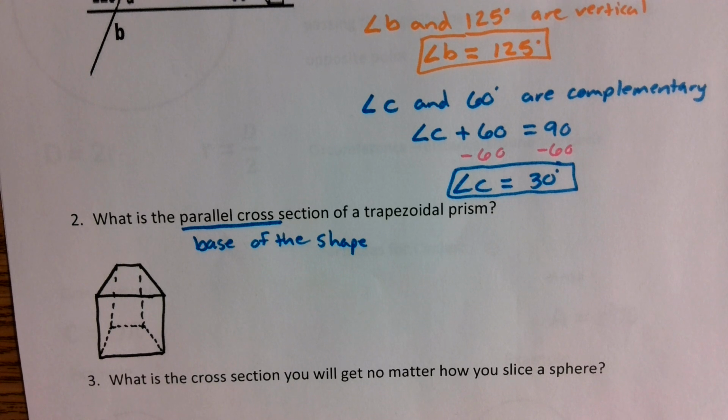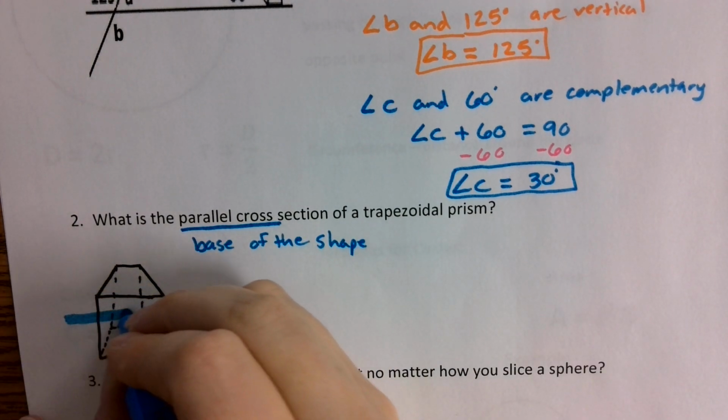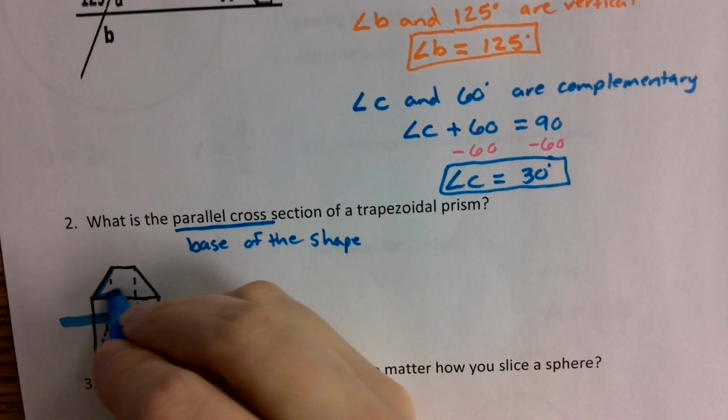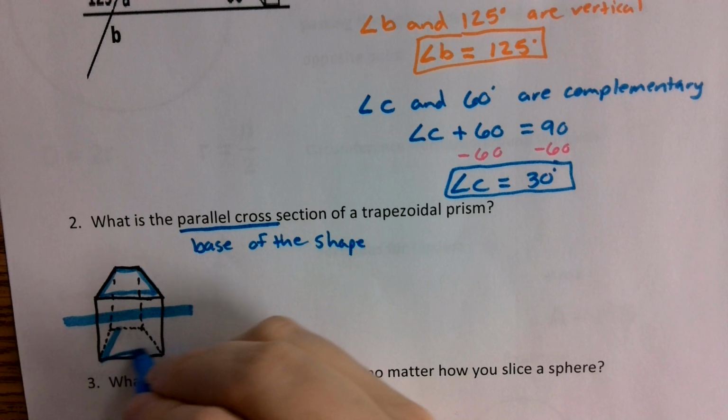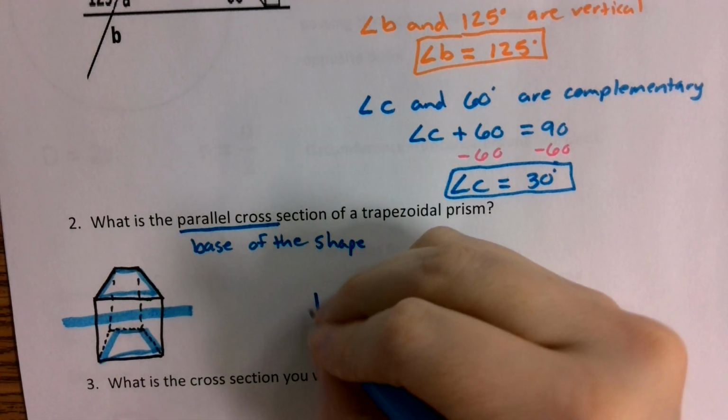There's my trapezoidal prism. Then I'm going to do a parallel cut to the trapezoidal prism, which means I'm going to cut it so that I do not touch the base at all. And I pull that apart, then what I'm going to see are the base shapes, which happens to be a what? A trapezoid. If it's a trapezoidal prism, it's going to be a trapezoid.